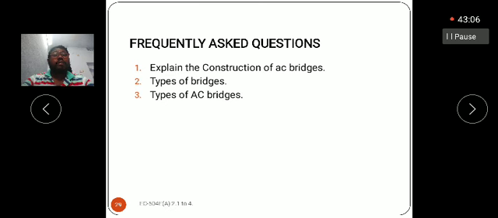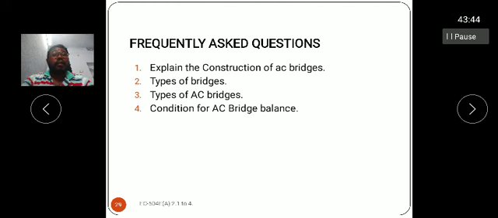Short questions might be like the advantage of Maxwell's capacitance bridge, what are the types of detectors we are using, and what are the types of sources used in the bridge circuits. Why the Wheatstone bridge is very important for the measurement of resistance, what is the condition, and so on. That is the discussion about these topics in the examinations.